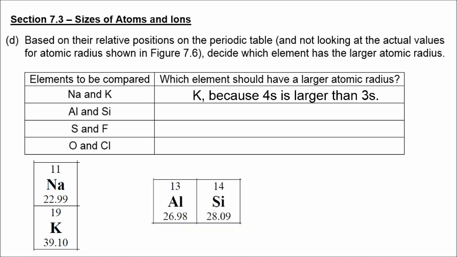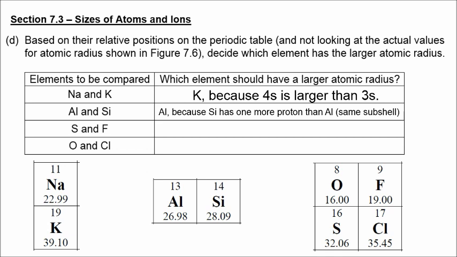Comparing aluminum and silicon, we would say that aluminum should have a larger atomic radius because silicon has one more proton than aluminum, and those outer electrons are in the same 3p subshell. For sulfur and fluorine, that's a little bit different because they're not in the same period or the same group, so they're along the diagonal.